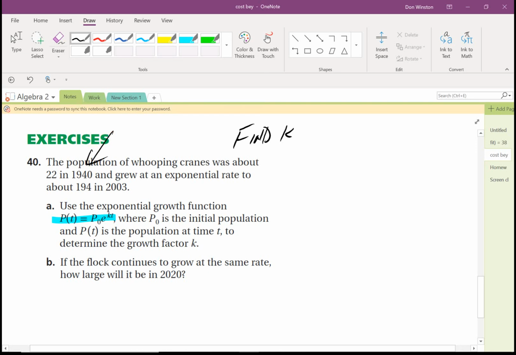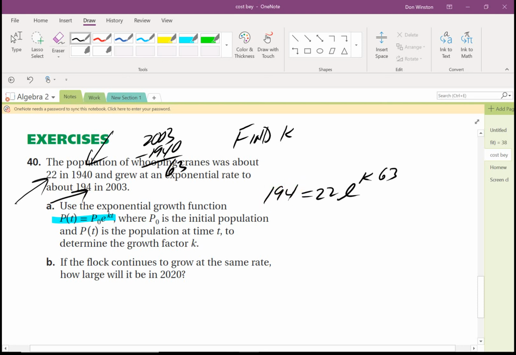Initially in 1940, I see that the whooping crane population was 22. Okay, so P sub 0 is 22. E raised to k t, I don't know what k is. From 1940 to 2003, that's a total of 63 years, so the time elapsed was 63 years, and in 63 years it grew to 194.